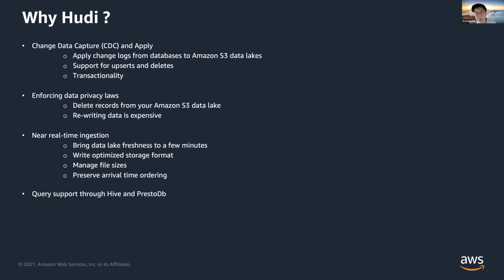AWS Database Migration Service is a web service that you can use to migrate data from your database to AWS databases, or even to S3. So in the first stage, DMS will capture all the changed data from RDS and then export it to S3 in Parquet format. And then the Hudi Delta Streamer running on EMR will apply the change logs to your Hudi dataset on S3 and perform insert, upsert, or delete depending on the changes.